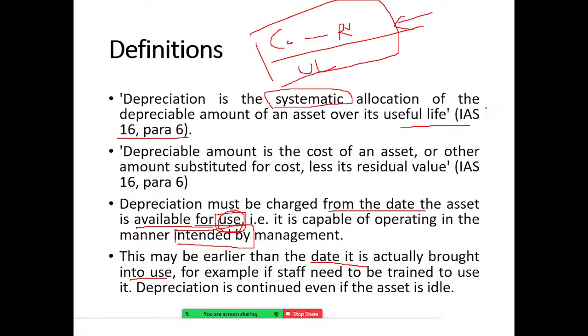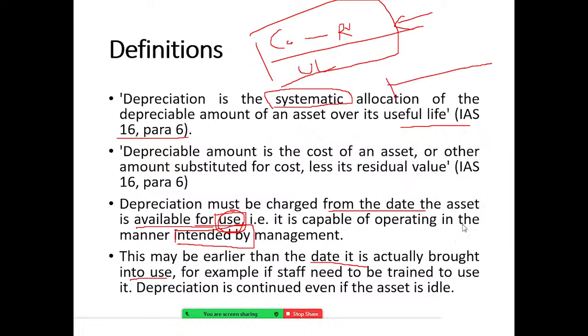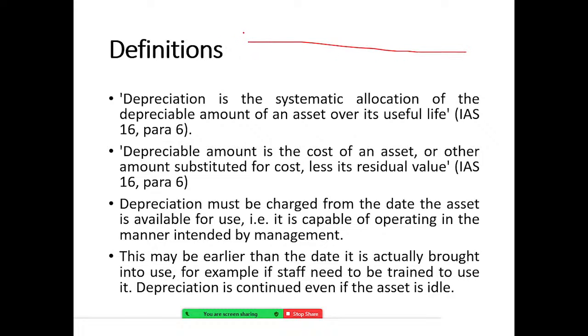So for example, the asset was purchased on this date, and on this date the asset is ready to use, but the entity does not have qualified staff to operate that machine.